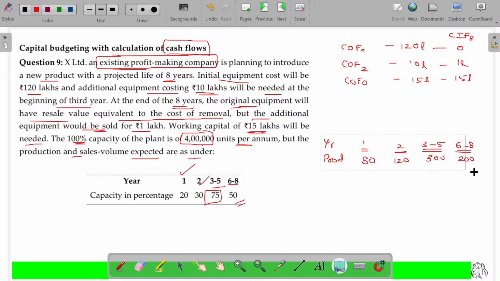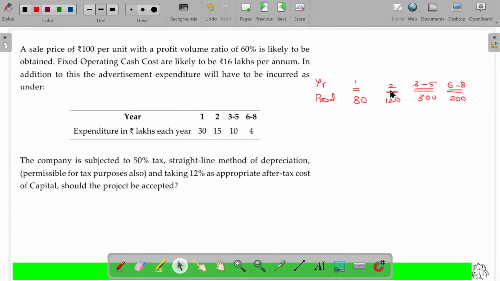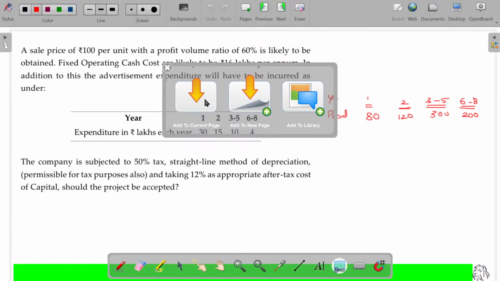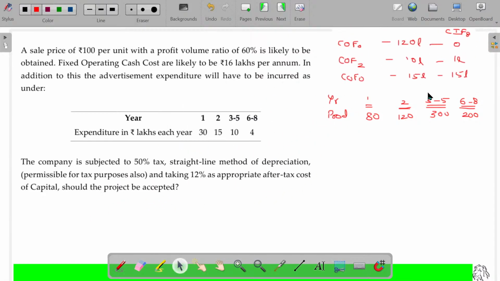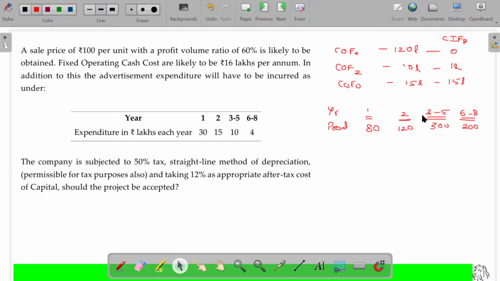Now let's see. I'll keep all the details here. The sale price is ₹100 per unit with a profit volume ratio of 60%.